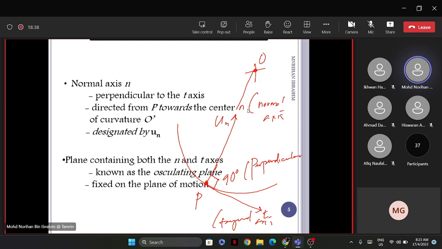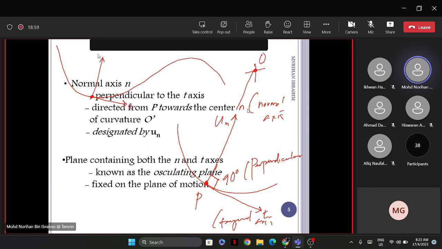The plane containing both the normal and tangent axes is known as the osculating plane, which is fixed in the plane of motion. So if you have this kind of path of motion of this particle, here there is a tangent, and this is the normal, in whatever direction of motion.